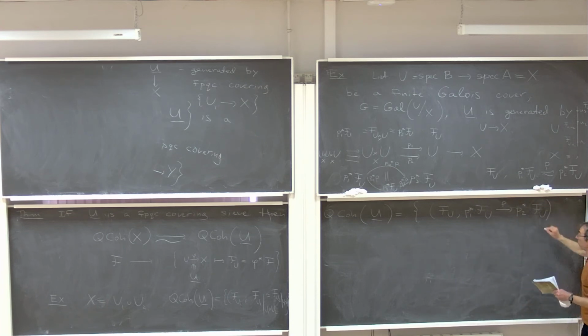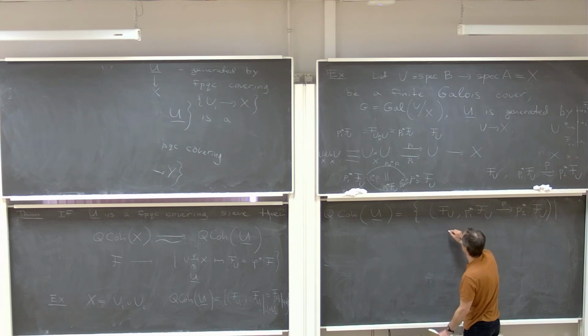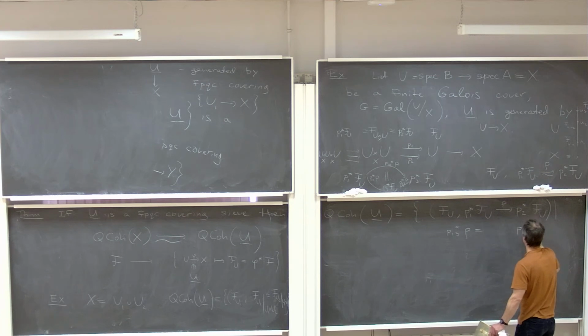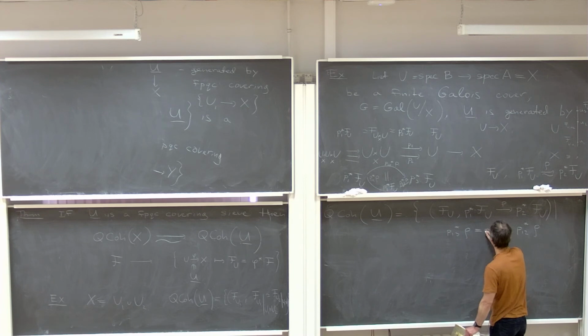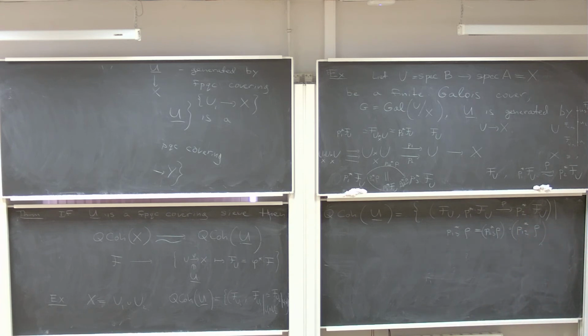And this isomorphism is subject to the following condition: π_{1,3} upper star ρ is equal to π_{1,2} upper star ρ composed with π_{2,3} upper star ρ. Right? So I consider the category of pairs with this property.